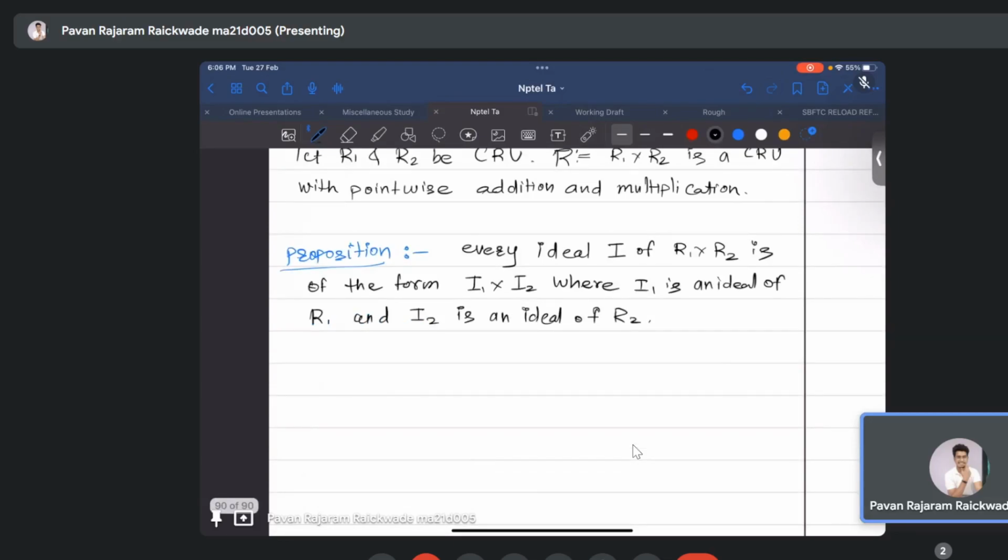So basically you can directly say what the ideals of R1 cross R2 are, given the information of ideals of R1 and R2.